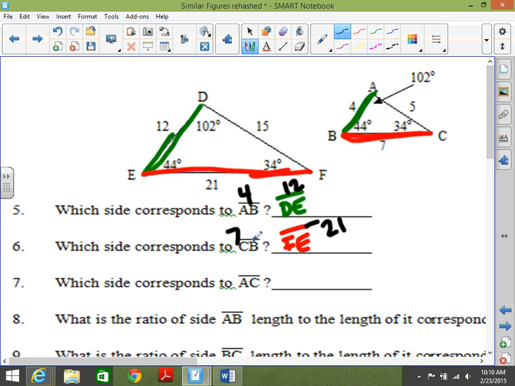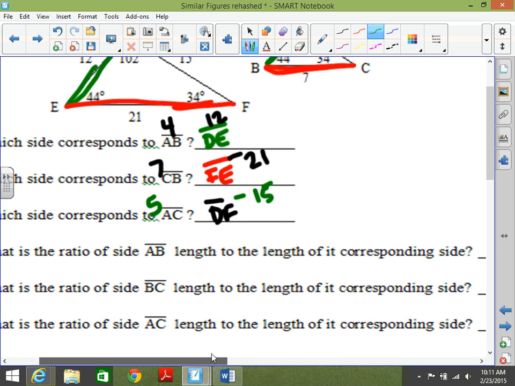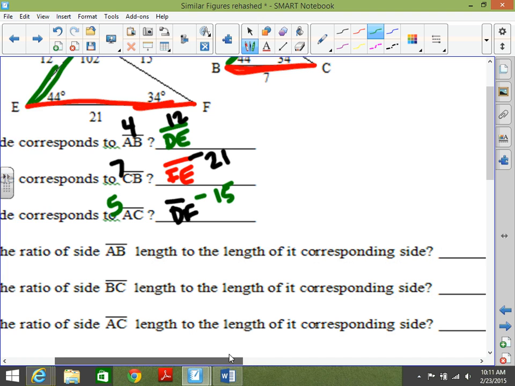All right, last. Which side corresponds to AC? DF. How long is AC? How long is DF? 15. All right, next. It says, what is the ratio of side AB length to the length of its corresponding side?